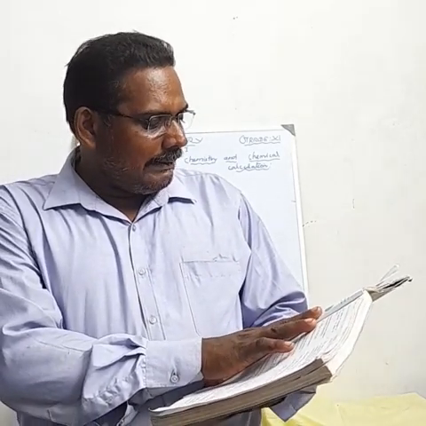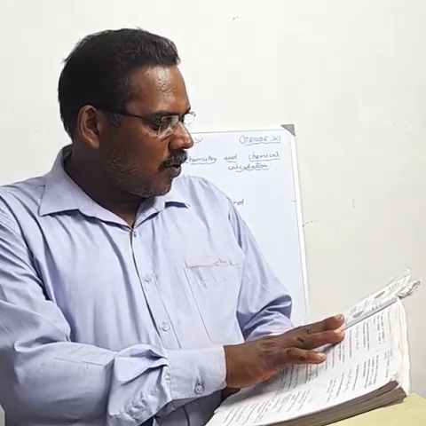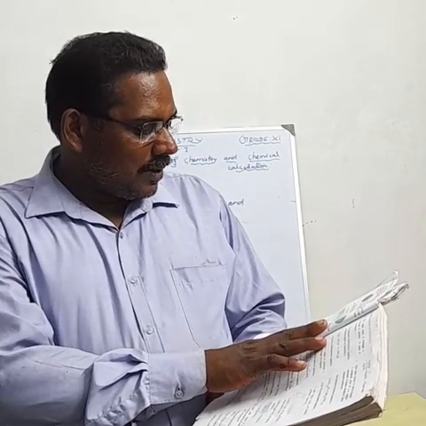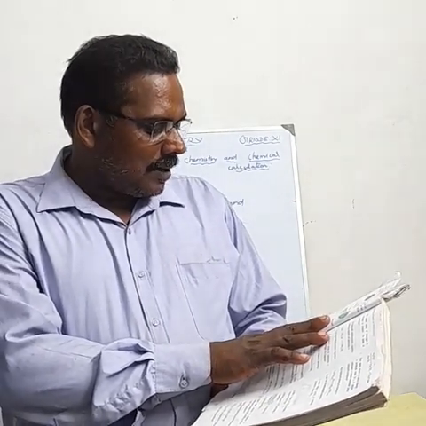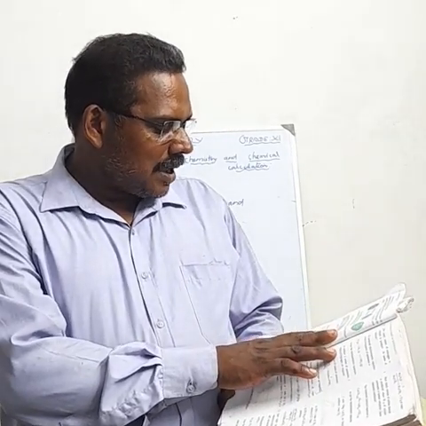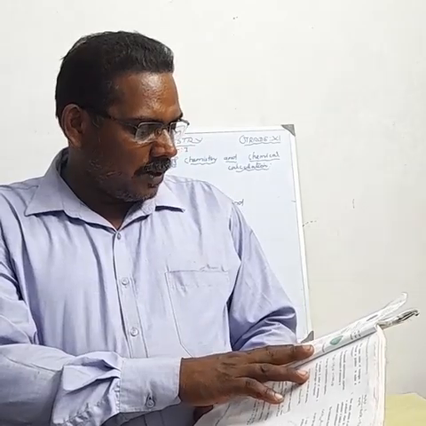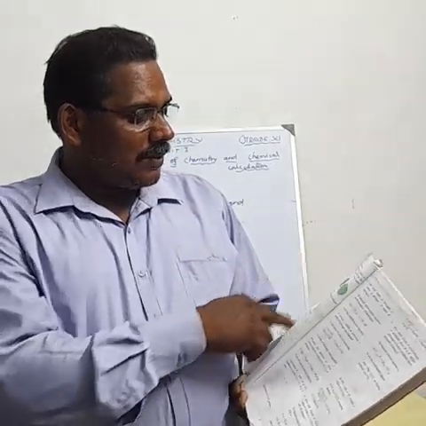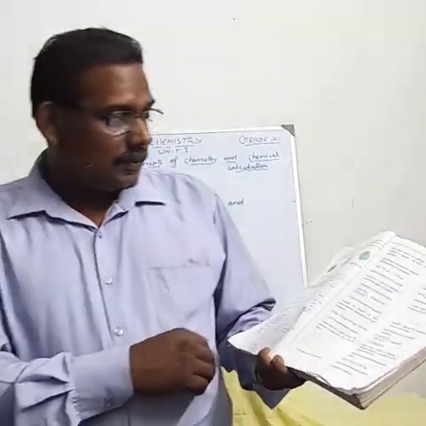These 3 units are interconvertible. First, mass is converted into number of moles. Number of moles is converted into volume. Those are the formulas, and also the balanced chemical equation, methane plus O2 gives carbon dioxide plus water, and also the tabular column. This is one of the 5-mark questions.